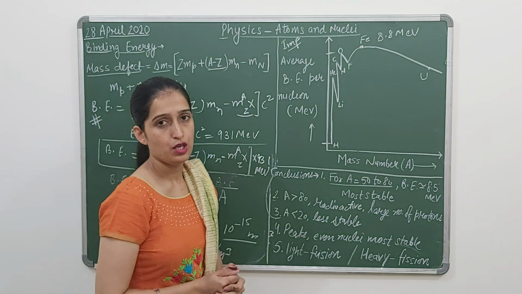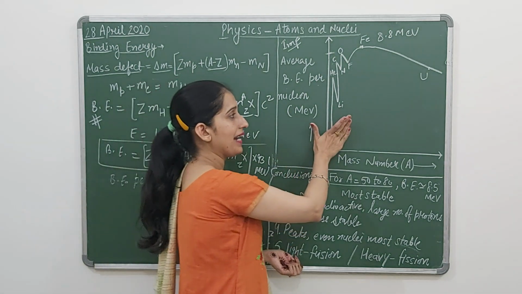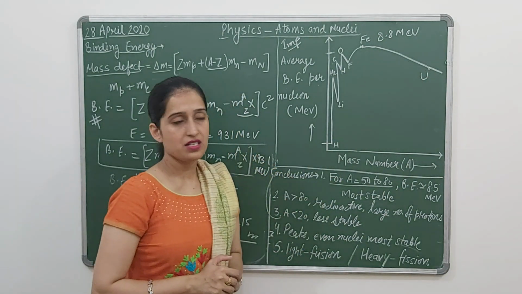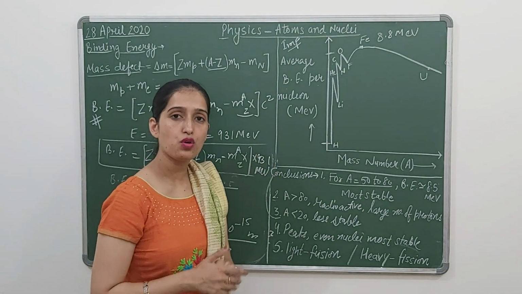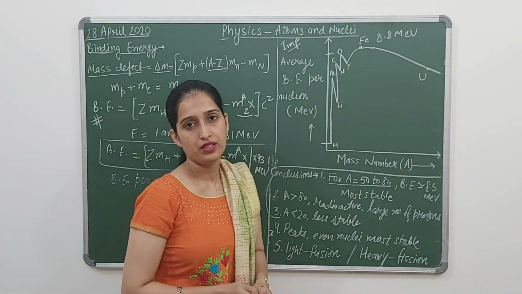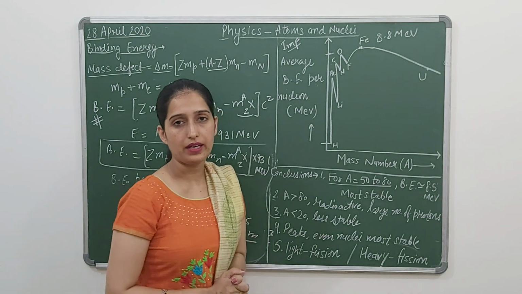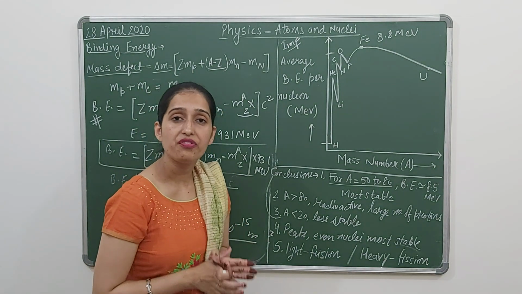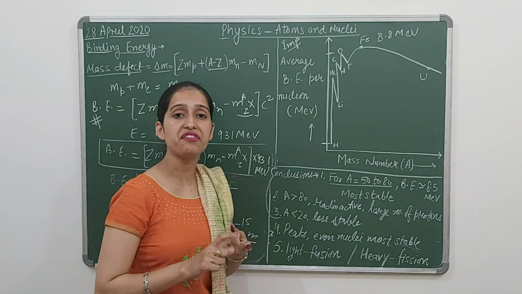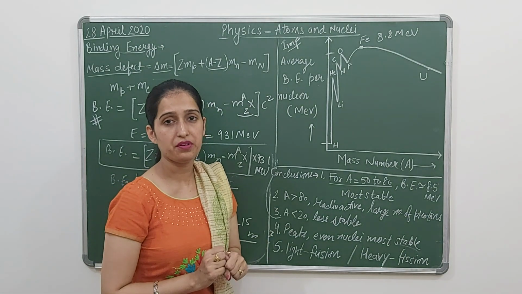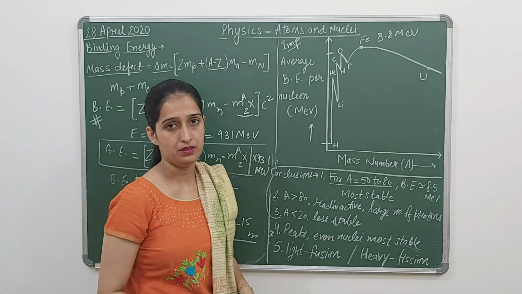Moving to next. We are saying lighter elements are not stable, heaviest elements are not stable. So, what happens with them? You know, they are radioactive. They are radiating a few radiations. We are also familiar with the words nuclear fission and nuclear fusion. Fusion means add up, fission means break up.